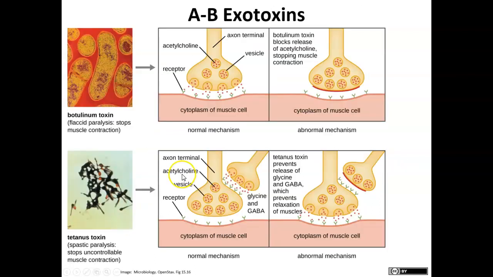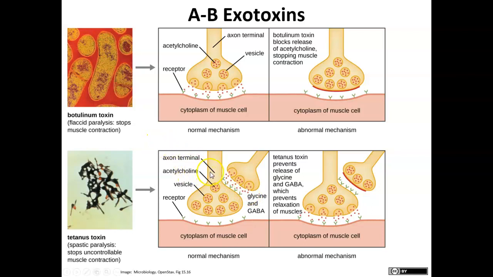Tetanus toxin here, same response. Normally you're releasing the acetylcholine, which allows the muscles to be able to function. So again, here that's normal. We have these inhibitory neurons that release inhibitory neurotransmitters.